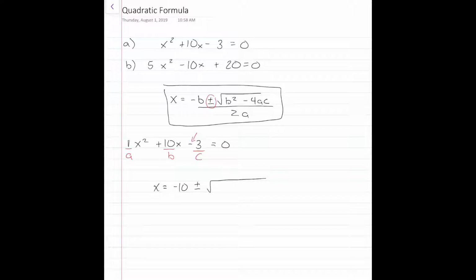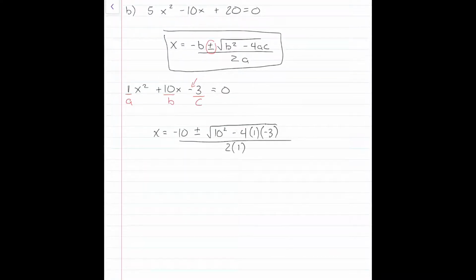Again, each number in front of the variable corresponds to a letter in the quadratic formula. So here we'll have x equals minus 10 plus or minus square root of 10 squared minus 4 times negative 3 all over 2 times 1. And again, these numbers are plugged into the quadratic formula corresponding to the variables.